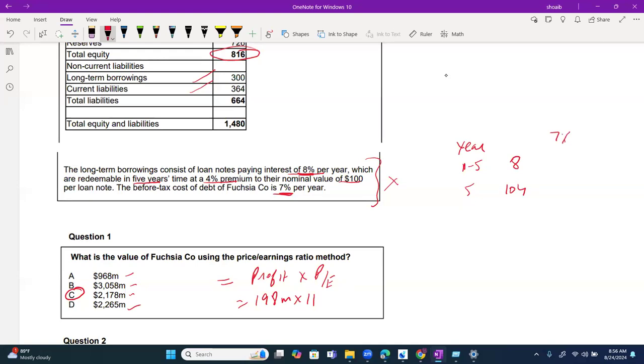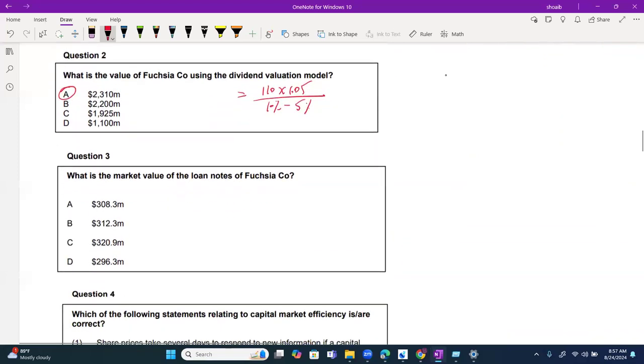So what is the annuity factor at 7% for 5 years? 4.1. 8 times 4.1 is 32.8. The redemption value discounted is 74.15. So the market value is 32.8 plus 74.15, which is 106.95.